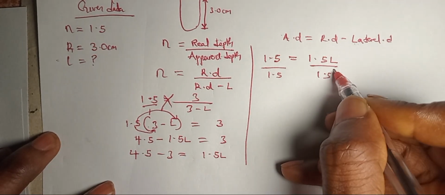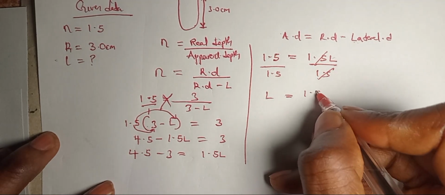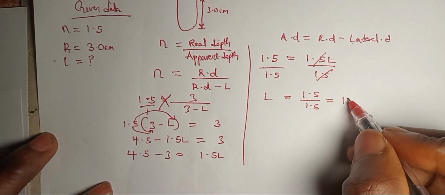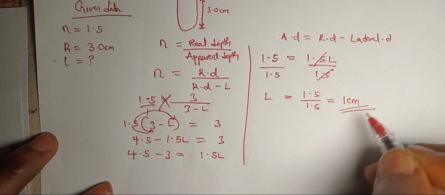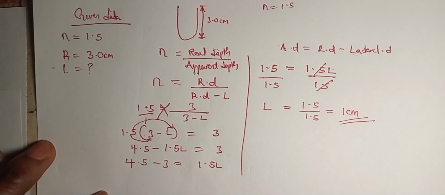This cancels this, so we bring the L here. L will be equal to 1.5 divided by 1.5. So our lateral displacement is going to be 1 centimeter. So this is our final answer. This is what they asked us to find.